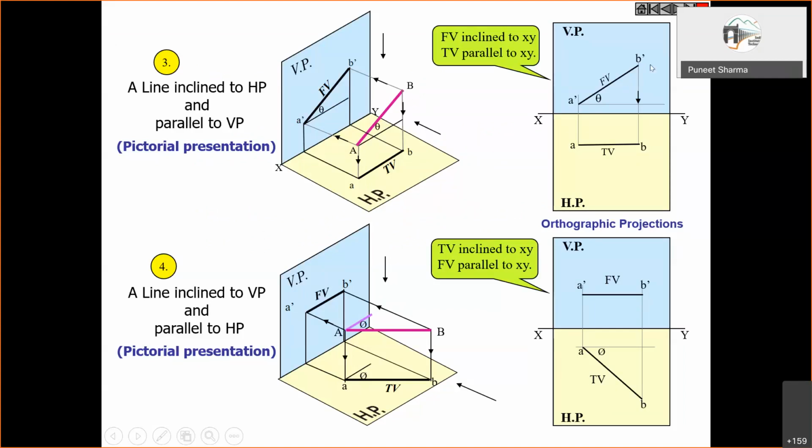This B dash will maintain the same distance from XY, whatever is available here, as long as this angle is theta and the length is capital A, capital B. So that is one thing.